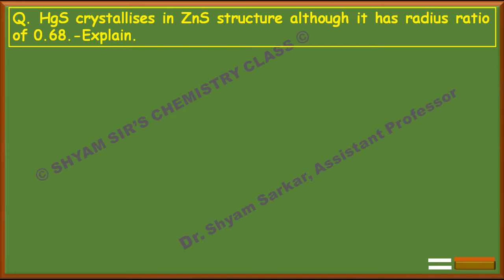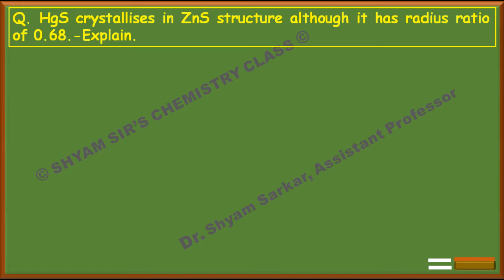If you see the value of radius ratio 0.68, it falls in the limiting radius ratio range between 0.414 to 0.732. So if you see this range 0.414 to 0.732 in the chart of radius ratio, you will see that it should crystallize in the octahedral, that is in the NaCl form.